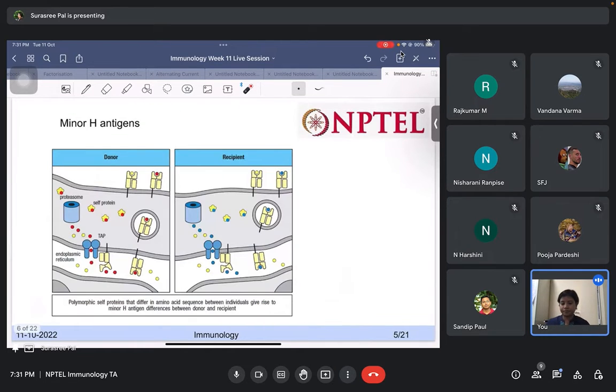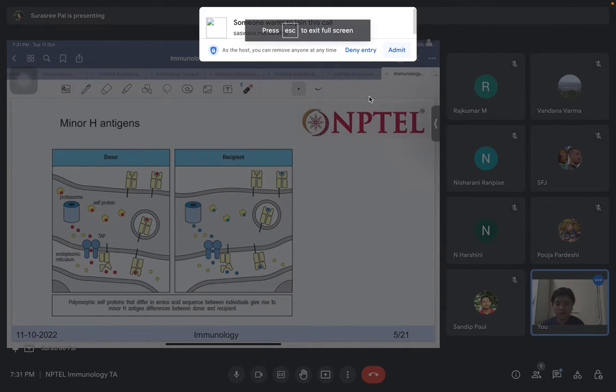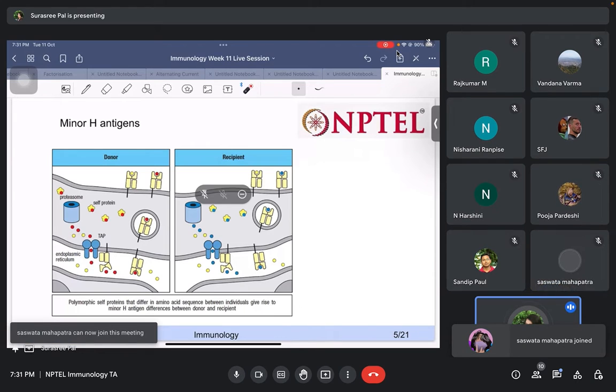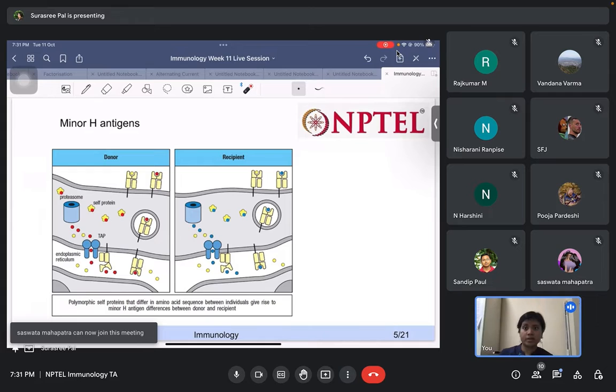Now I'm coming to one particular group of proteins which are called minor H antigens. Since these MHC molecules are responsible for the response against the transplants, before any transplant, MHCs are checked between two individuals, between the donor and the recipient.